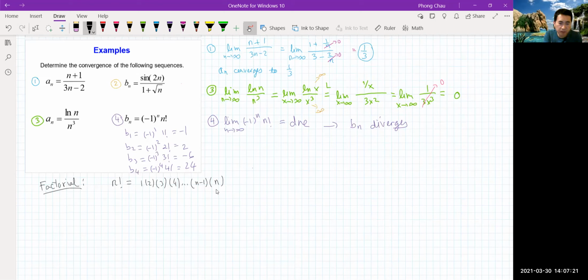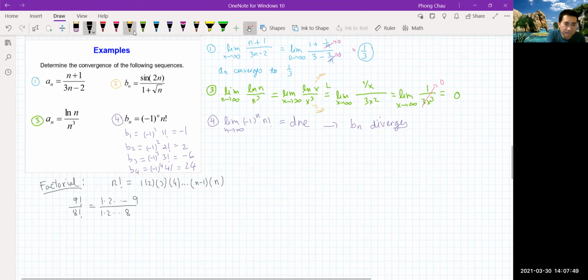Okay. Now when it comes to simplifying factorials, you might look at this. For example, what is 9 factorial over 8 factorial? Well, don't forget that 9 factorial is 1 times 2 times 3 all the way to 9. 8 factorial is 1 times 2 times 3 up to 8.